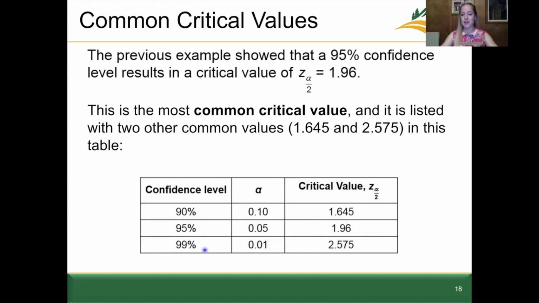If you went through that same process again, you would get a critical value of 2.575. Again, these are ones you can memorize and or have handy for you. You might not have to calculate this every single time, depending on the confidence level that we're interested in. It is important, though, to know how to do this calculation and how to go from a confidence level value to an alpha value to a critical value.